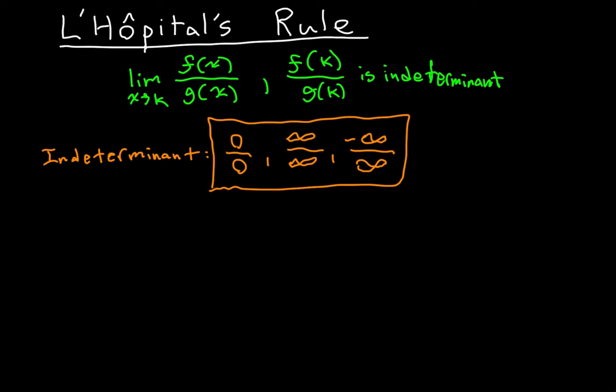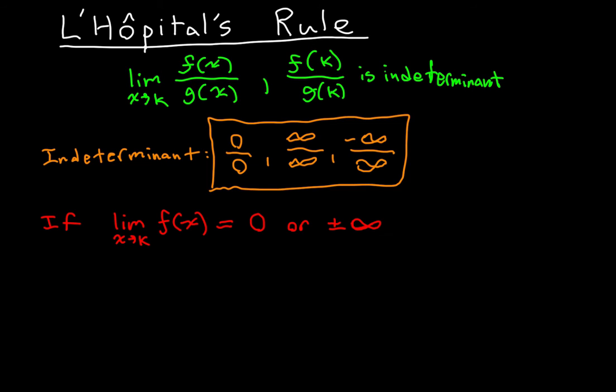So basically, I'm going to write out the main conditions. These are going to be the main conditions. If we have the limit as x goes to k of f of x, and that is equal to 0 or plus or minus infinity.